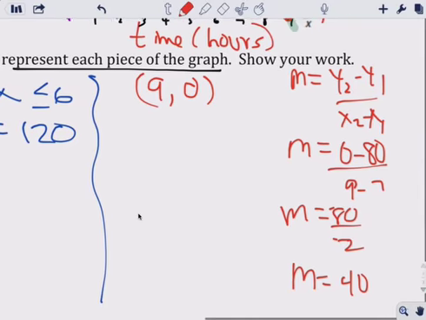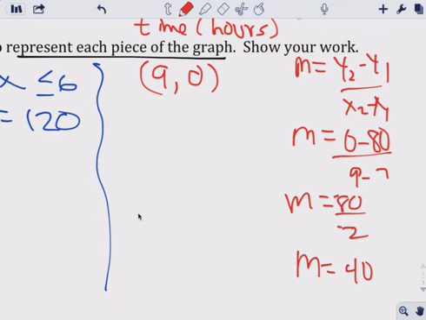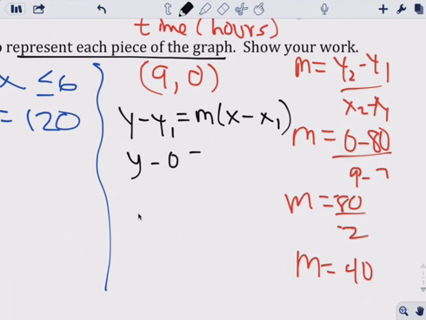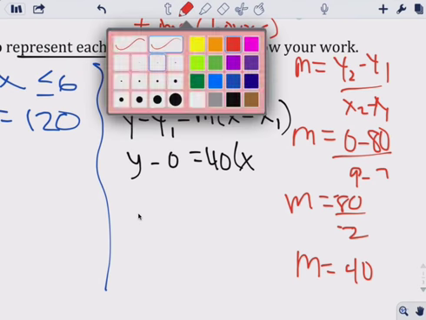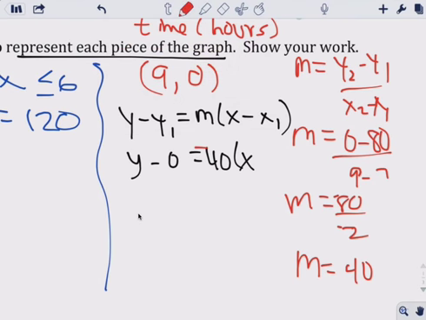Speed is the same thing as slope. If you guys haven't gotten that so far, y minus y1 equals m times x minus x1, point slope. Okay, y minus 0 equals negative 40, parentheses x minus 9. Sorry, that's a negative 40, you guys.